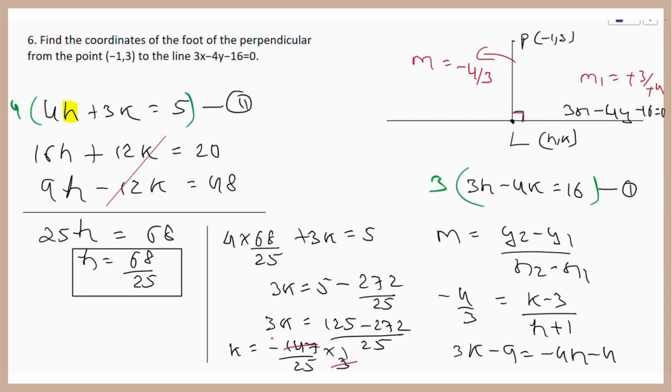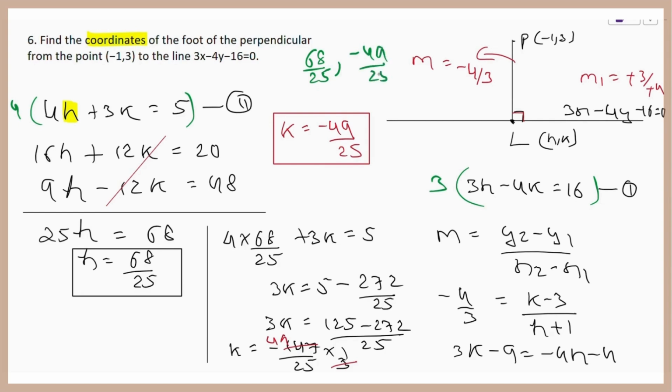If I divide it by 3, we will get minus 49. So yes, we got k, and k is minus 49 over 25, that is the y coordinate. So our final answer is what? We have to find the coordinates. So the x coordinate is 68 over 25 and the y coordinate is minus 49 over 25. So this should be the answer, the coordinates of this point.